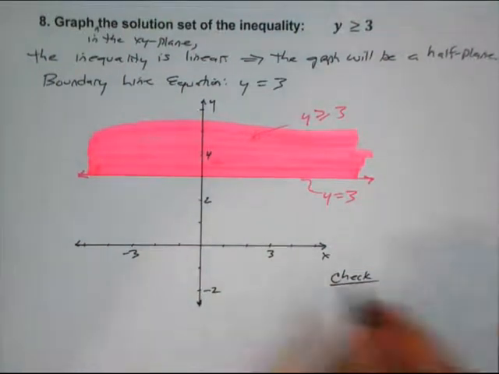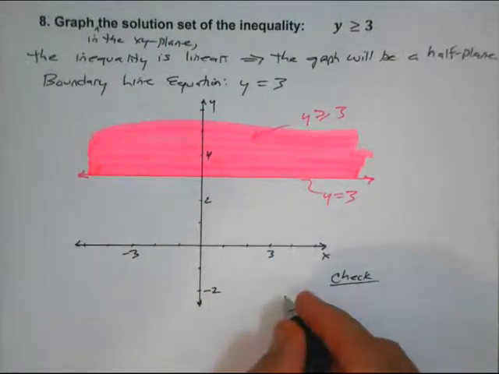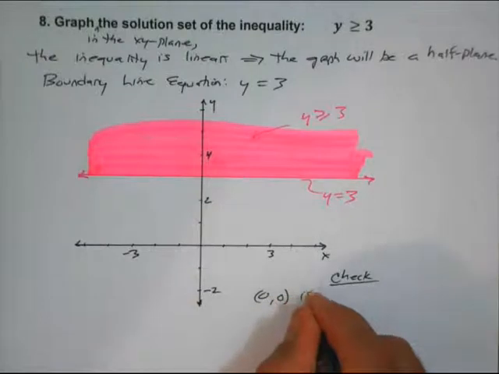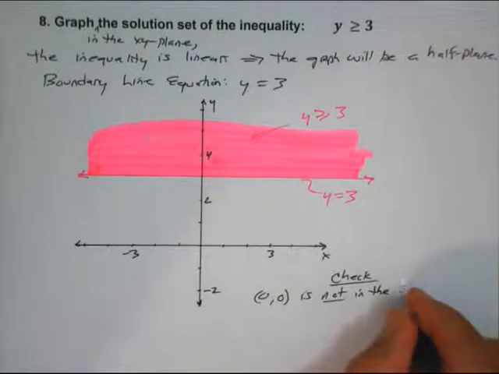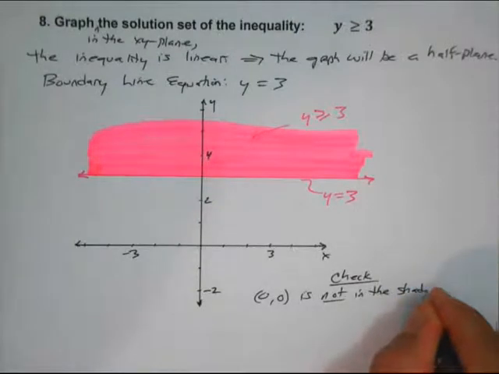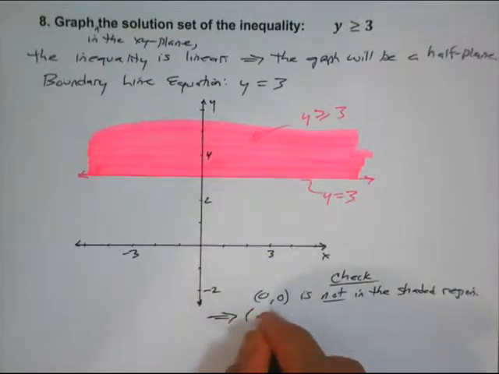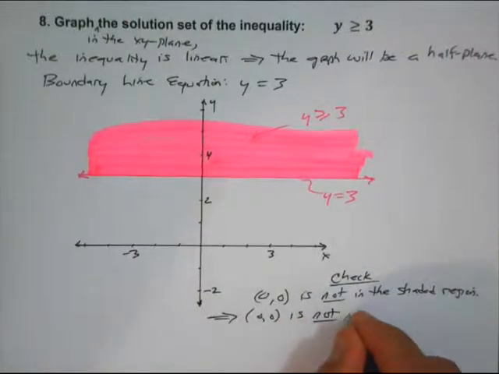Okay. How about 0, 0? It's not in the shaded region. 0, 0 is not in the shaded region. And that implies that 0, 0 is not a solution.